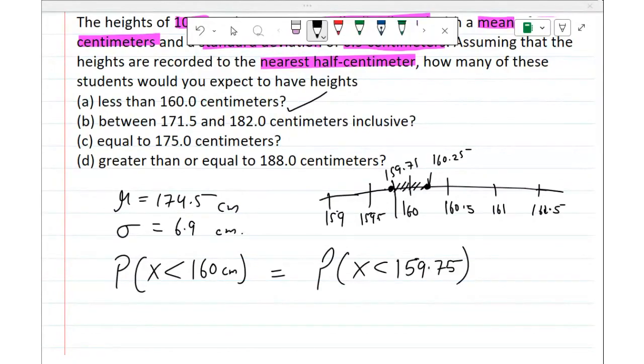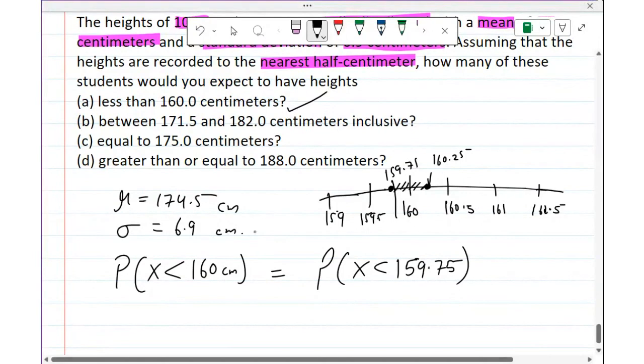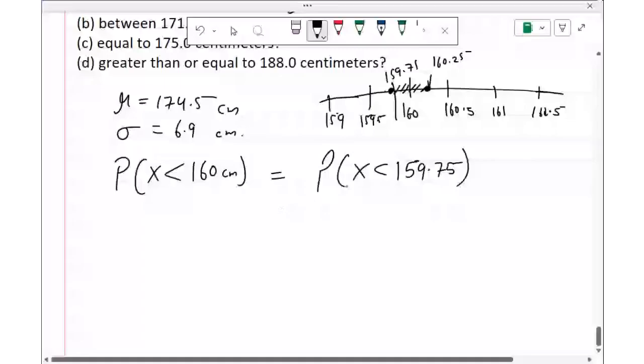That is why 160 means the center in between 159.5 and 160.5, that is 159.75 to 160.25. Because we are asked less than 160, it is actually less than 159.75. So 0.25 is the continuity correction. Now we need to convert this in terms of Z.